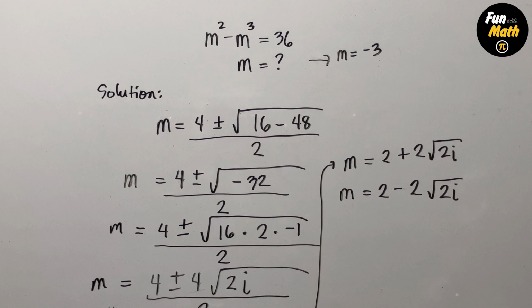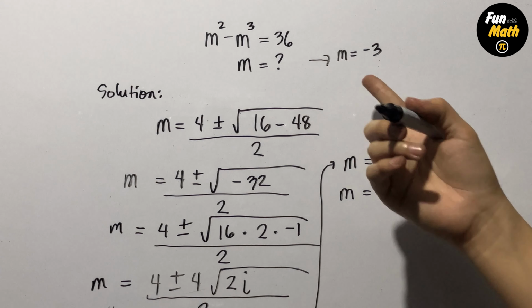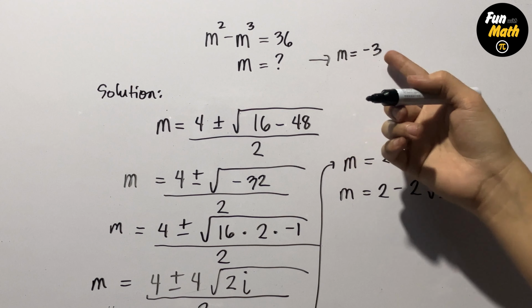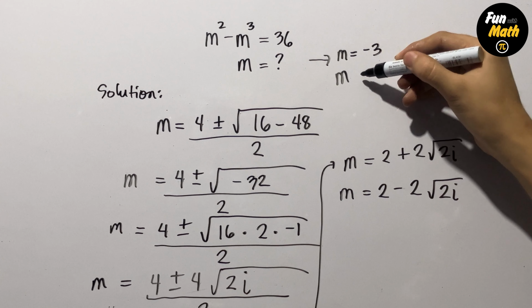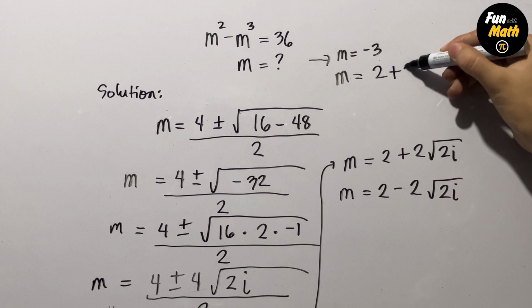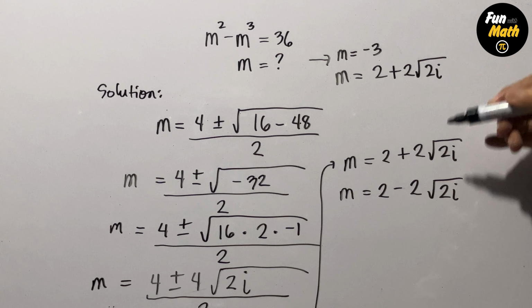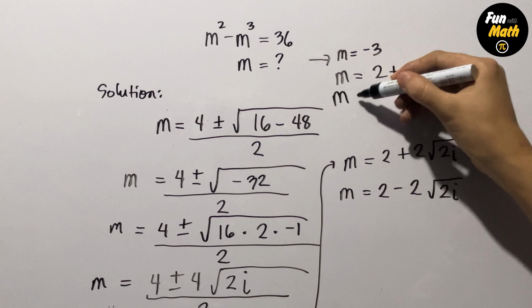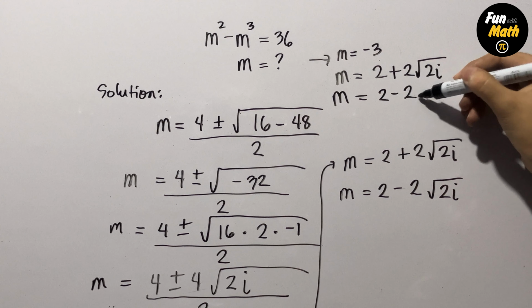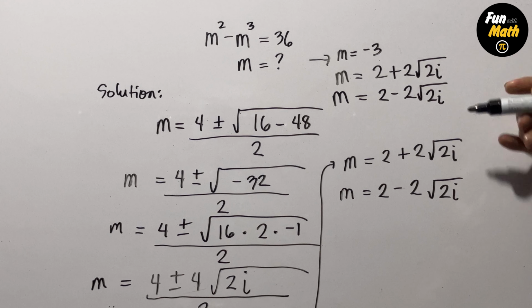So overall, we have three values of m. First one is m is equal to negative 3. Second one is m is equal to 2 plus 2 square root of 2 i. The third one is m is equal to 2 minus 2 square root of 2 i.